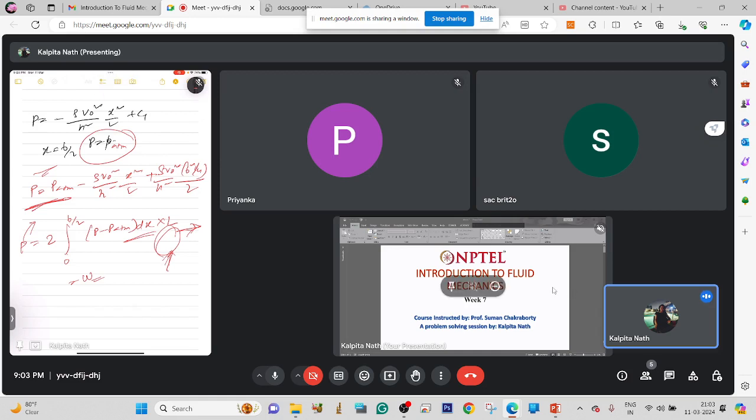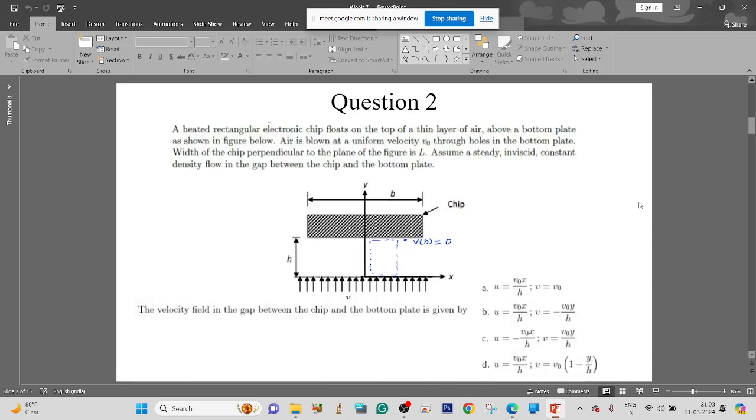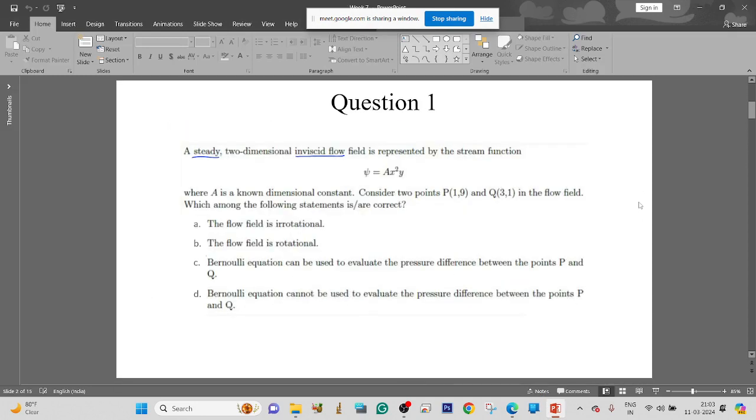Let me share today's first question. A steady and two-dimensional inviscid flow field is represented by the stream function psi equals a x square y, where a is a dimensional constant. There are 2 points given, P and Q, in the flow field.